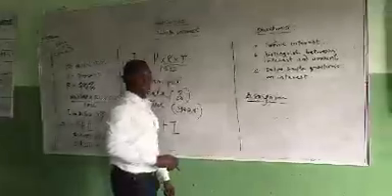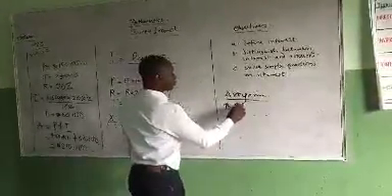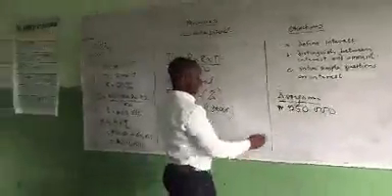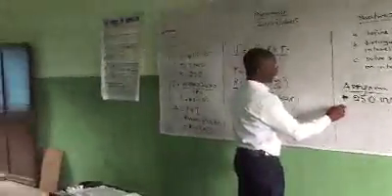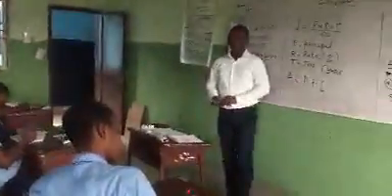Find the interest on 250,000 naira at 2.5% per annum for a period of 5 years.